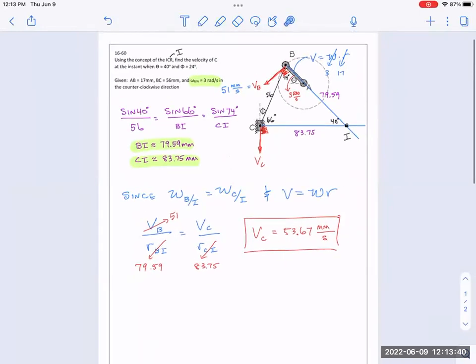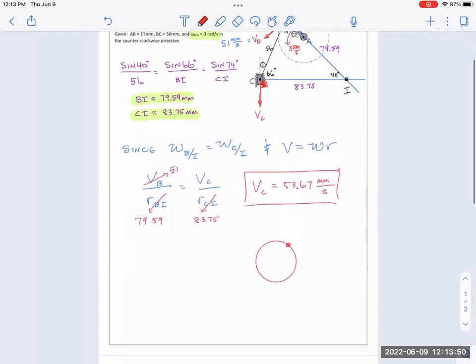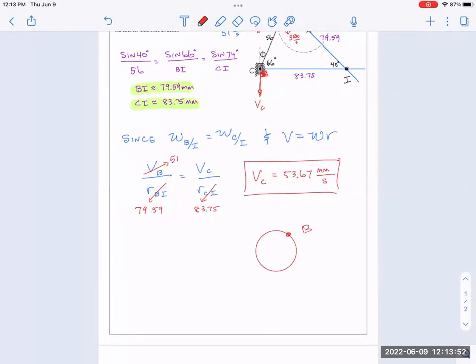looking at that crank arm up there, if I draw a circle down here, and let's put B over in this location right here. So B is right over here and C is over here, and they're connected by this rod. Does it make sense if B goes a little bit this way or a little bit this way, C isn't moving very much?